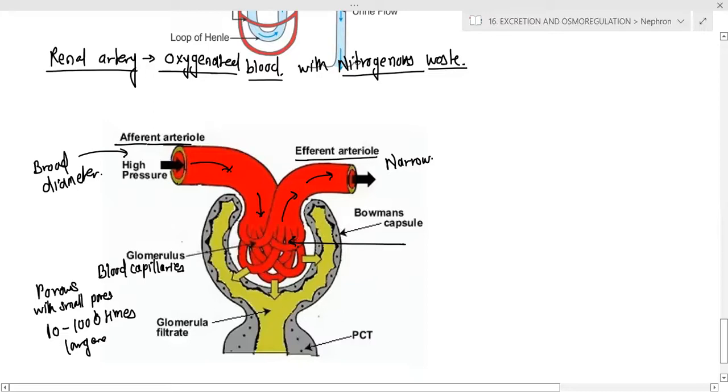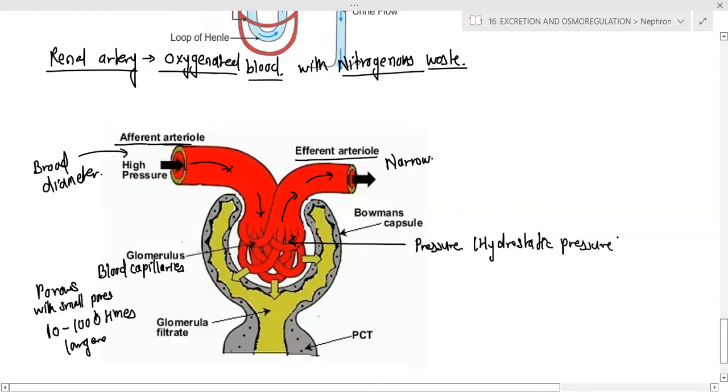Narrow, okay. So here they created a pressure. Agree? They created a pressure, and this pressure we call hydrostatic pressure. What do we call it? Hydrostatic. We will talk about many pressures. So remember, the pressure created on the glomerulus because of the broad diameter of the afferent and narrow diameter of the efferent arteriole is hydrostatic pressure.